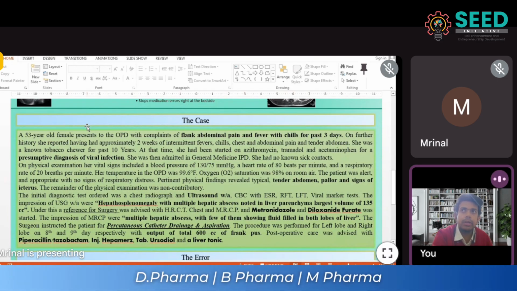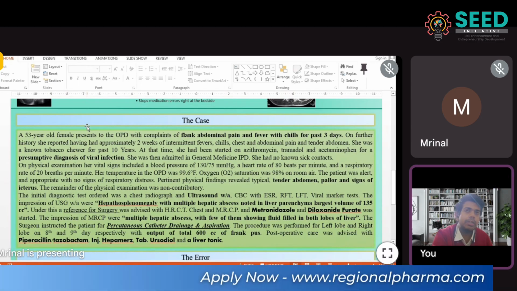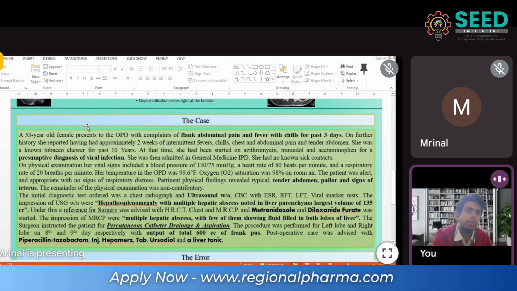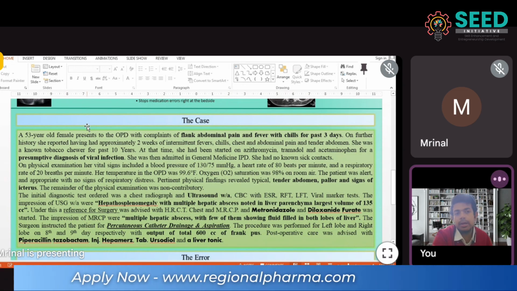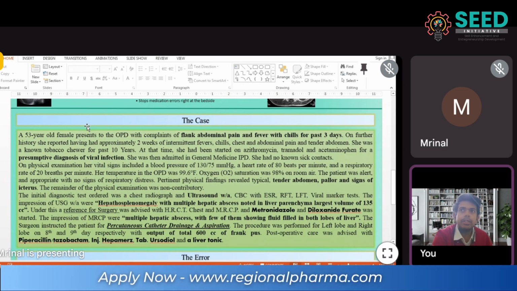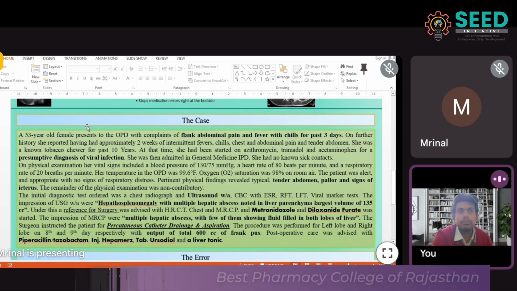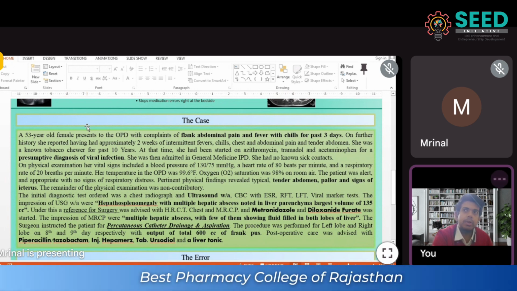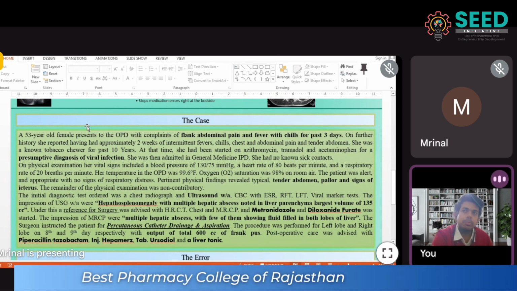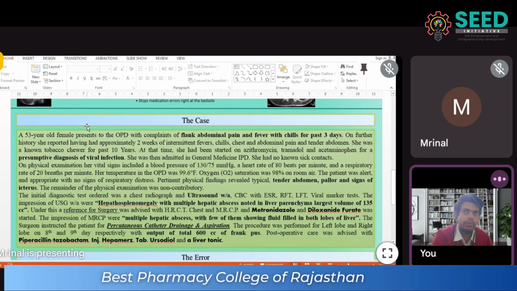On further history, she reported 2 weeks of intermittent fever, chills, chest and abdominal pain, and there was abdominal tenderness. She was a tobacco chewer for the past 10 years. At that time, she had been on azithromycin, tramadol, and acetaminophen for a presumptive diagnosis of viral infection.